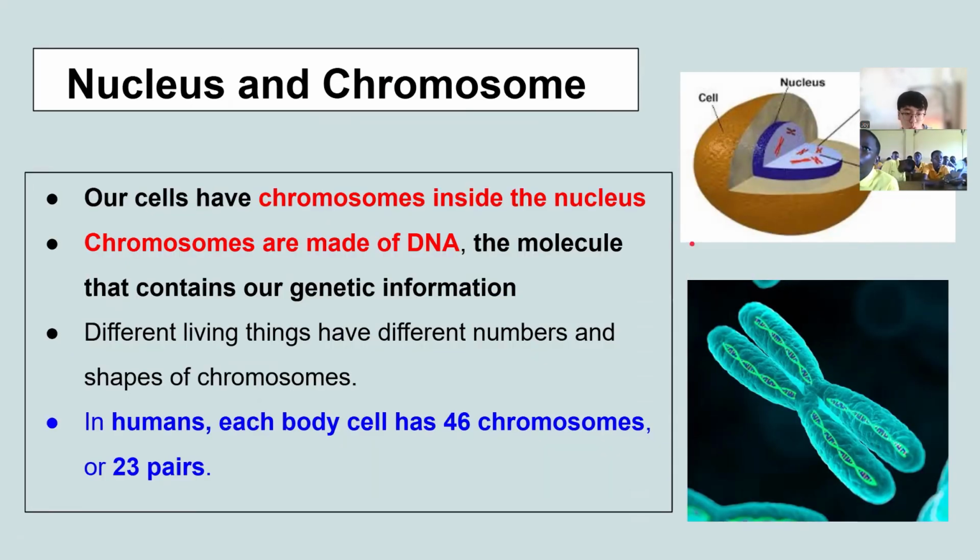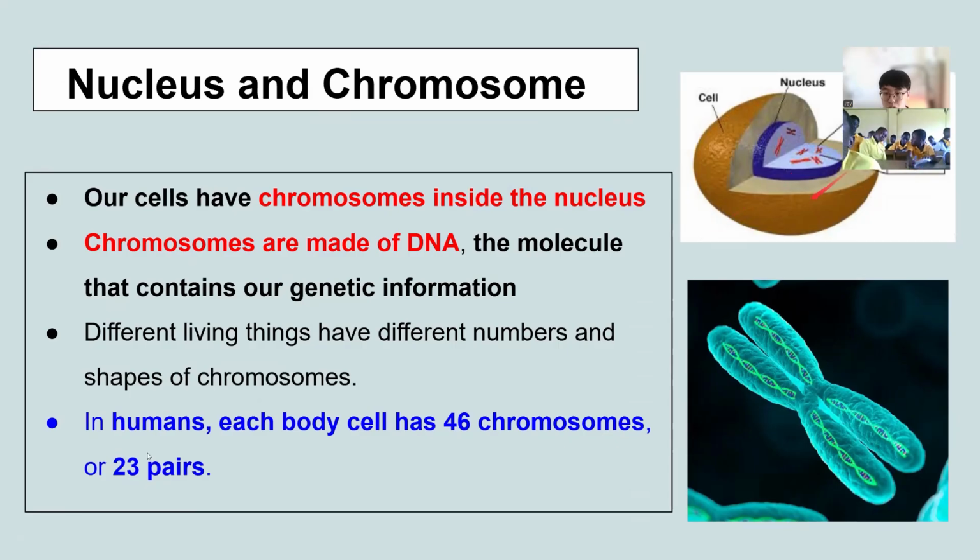Now let's get into what DNA is. So our cells have chromosomes inside the nucleus. Remember, the nucleus is where the DNA is stored. And this is called a chromosome, this X-shaped thing. And chromosomes are made up of DNA, which is a molecule that contains our genetic information.